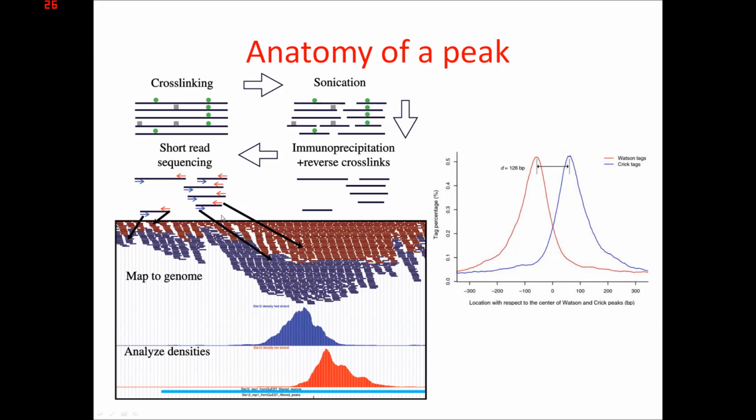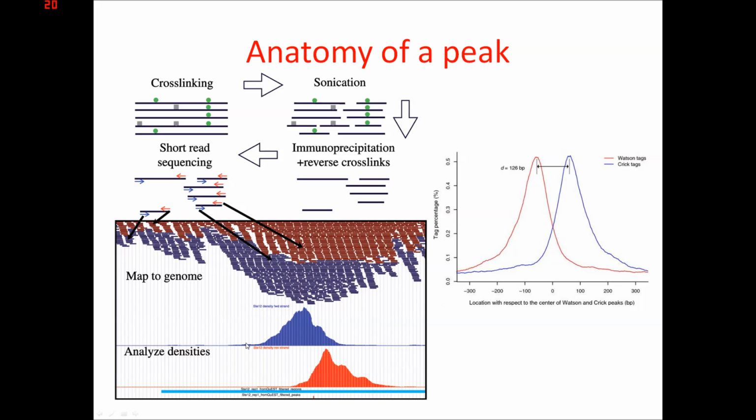So if we map these reads onto a genome browser, which is what this screen is here, the little blue areas here are the forward strand mapped reads, so the start of the fragments, and the red ones correspond to the reverse reads of each of these fragments.